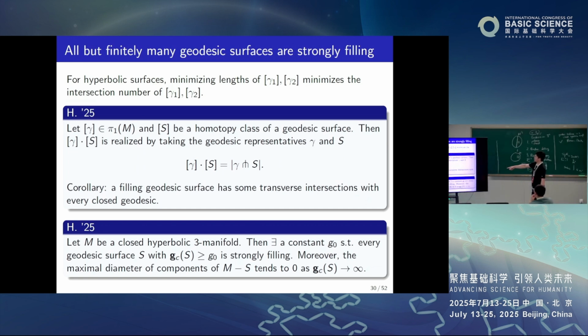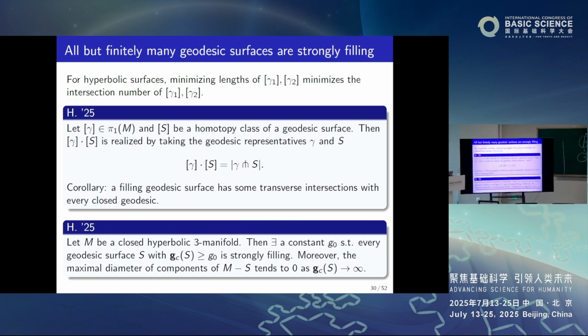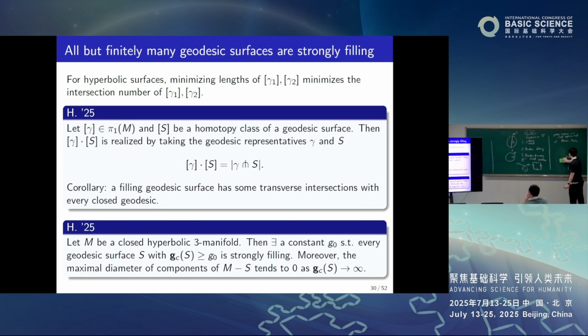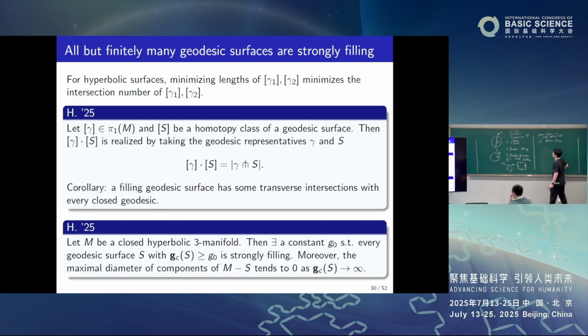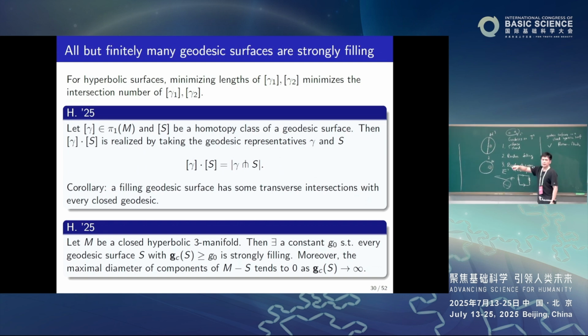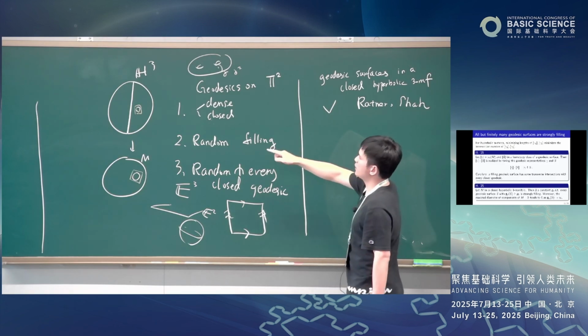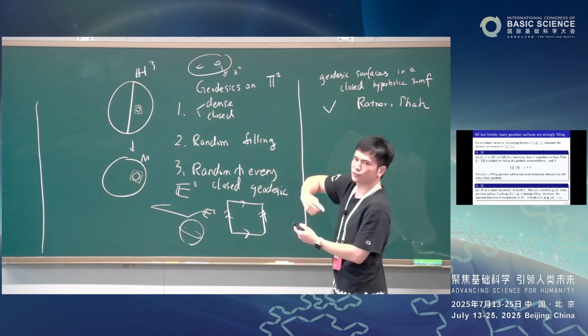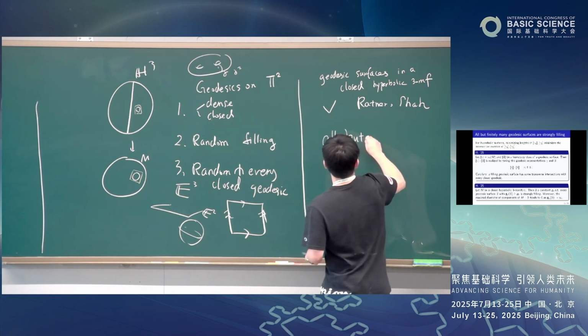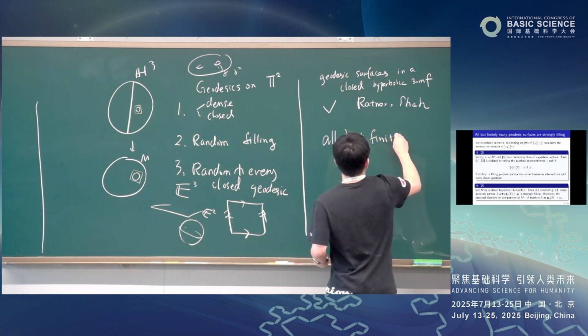So if we compare the statement with the statement for the torus, previously I said a random geodesic on my torus is fitting. But in this case, it's replaced by a stronger notion of random. It's called all but finitely many. So all but finitely many are fitting.